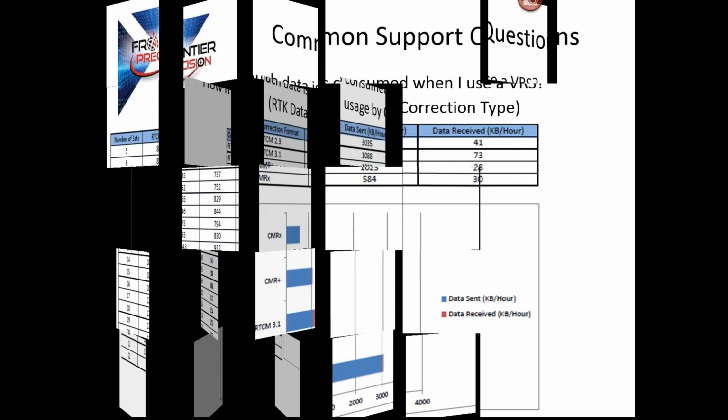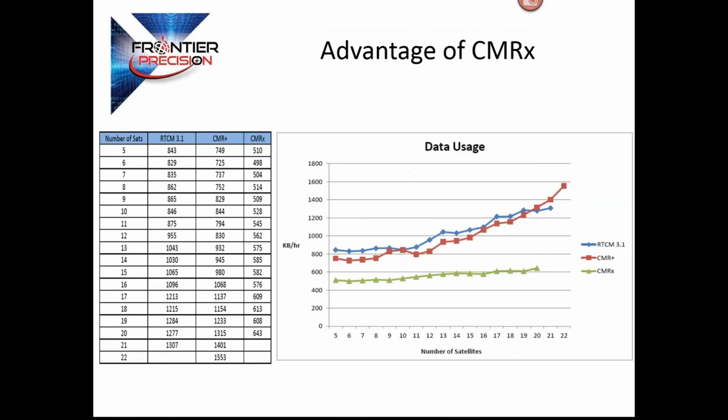You can see the data usage over time. So if you plot this out to, say, 20 satellites or so, which is entirely possible to receive nowadays, at 20 satellites with CMRX you'll notice that you don't increase the data received or used by your system significantly like you do when you're using CMR Plus or RTCM 3.1.